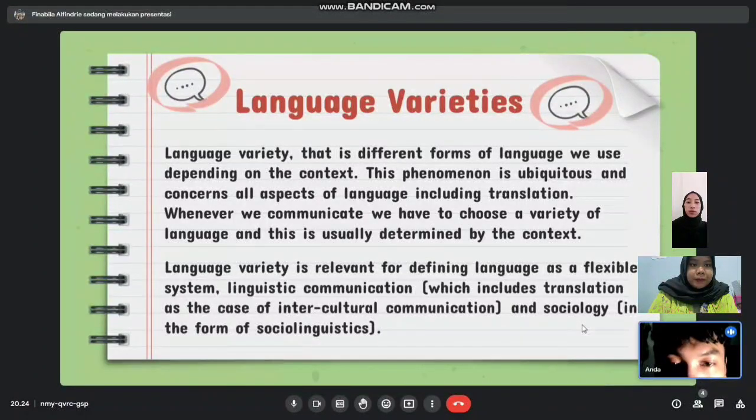Whenever we communicate, we have to choose a variety of language, and this is usually determined by the context. Language variety is relevant for defining language as a flexible system, linguistic communication, which includes translation as a case of intercultural communication, and sociology in the form of sociolinguistics.